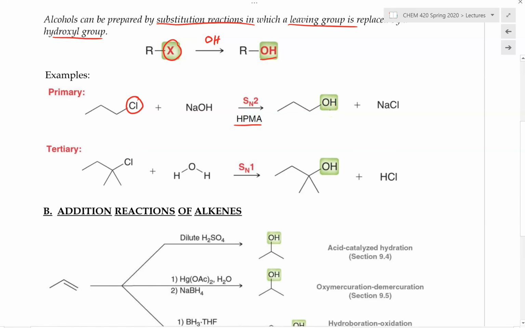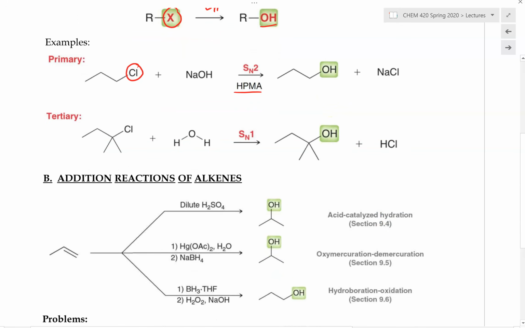So that's one way. We can also have a tertiary substrate. In the case of a tertiary substrate, we react it with water, which is the source of the OH group, and it will undergo an SN1 reaction to also produce our alcohol.